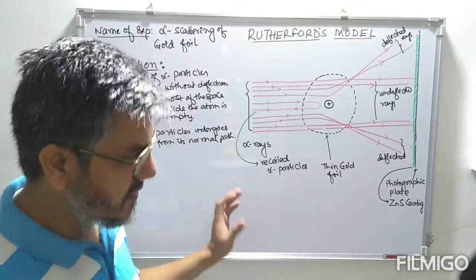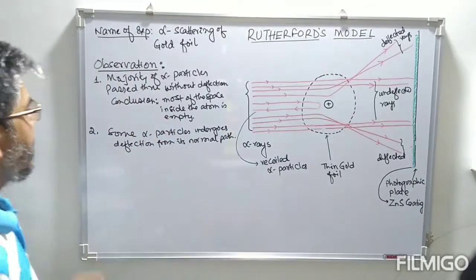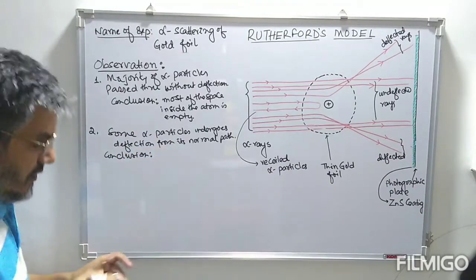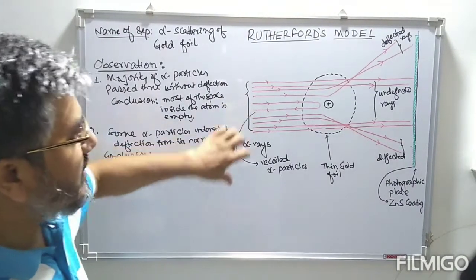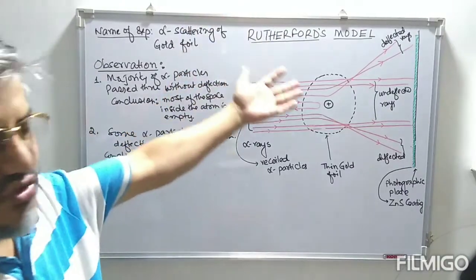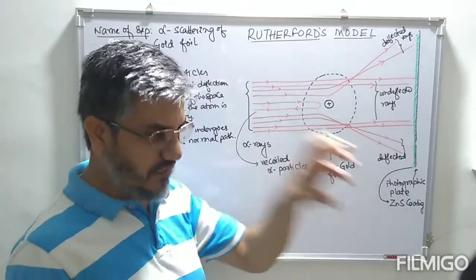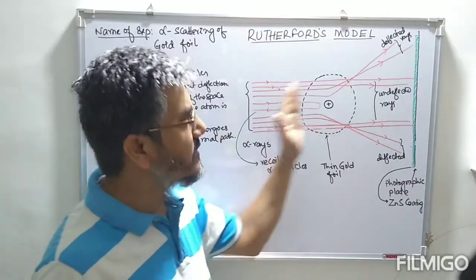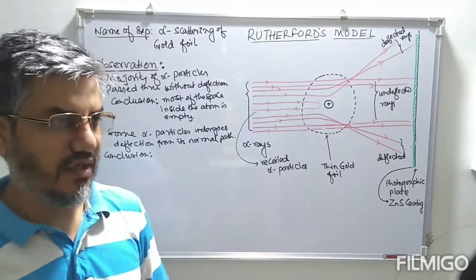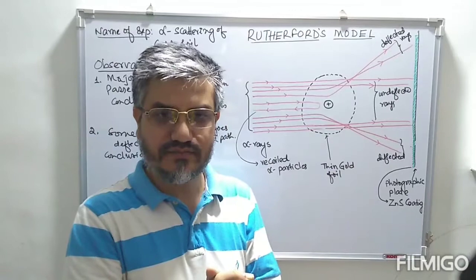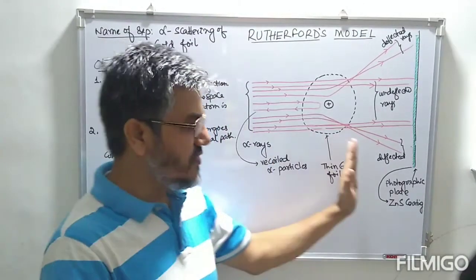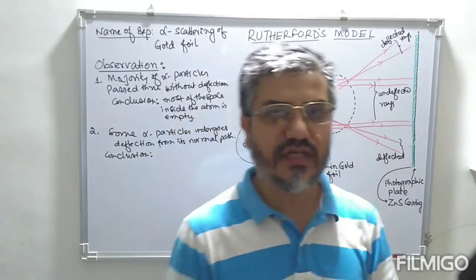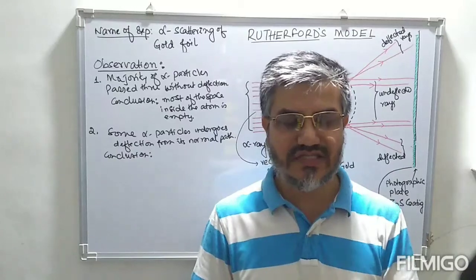Now let's see what conclusion can be drawn from this second observation. These alpha particles are positively charged helium nuclei. A positively charged particle passes through this metal foil and undergoes deflection from its normal path. This deflection would have been possible only if a similar charged particle was present inside the atom.